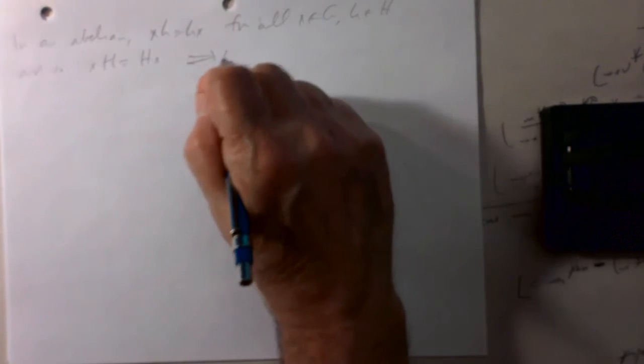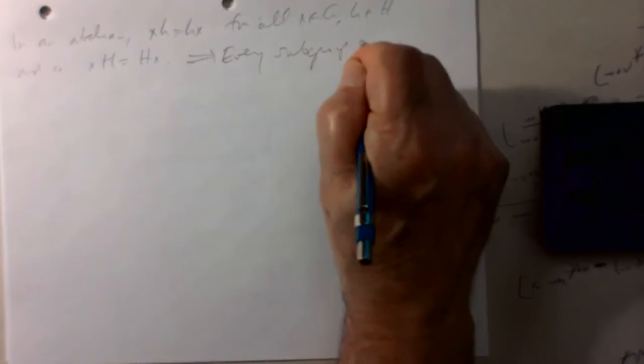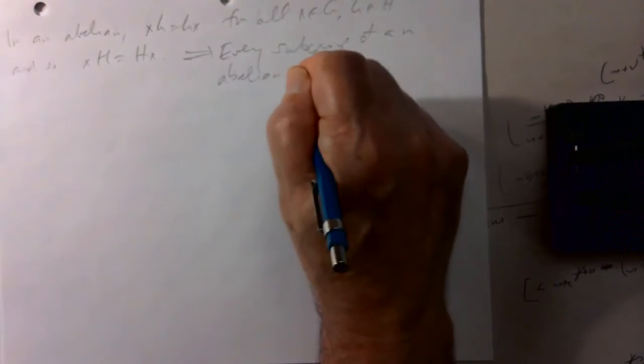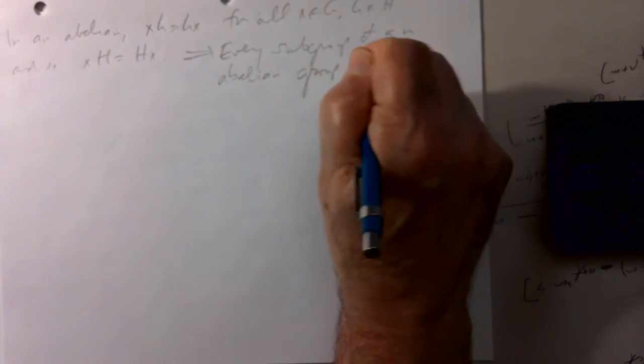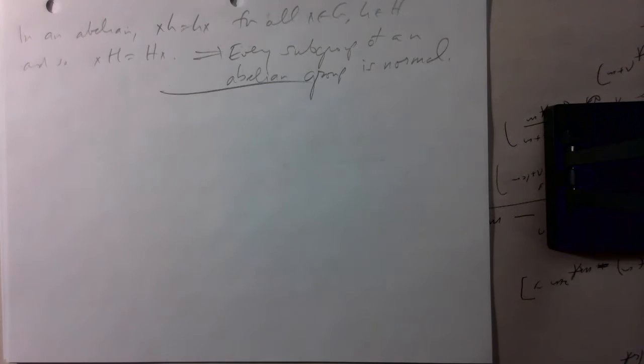So therefore, every subgroup of an abelian group is normal. Which means we can define multiplication in the set of left cosets.